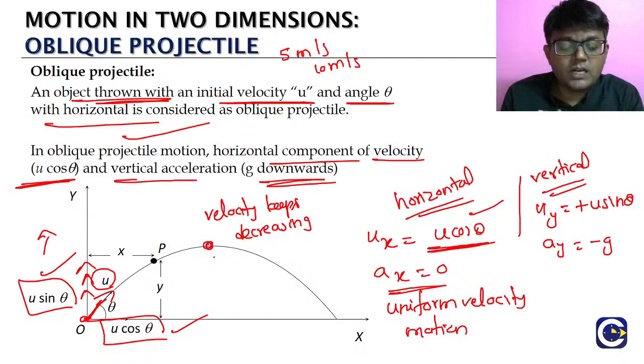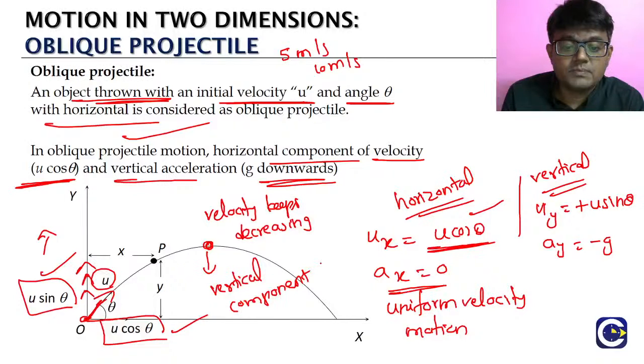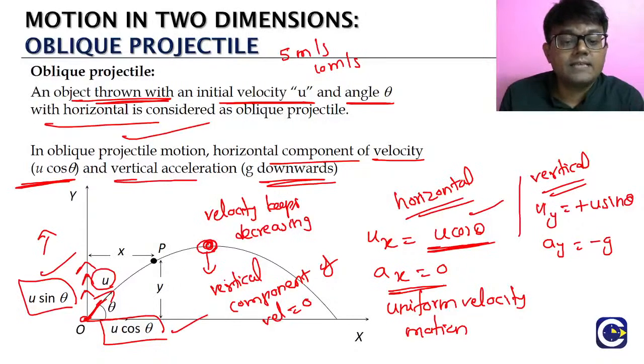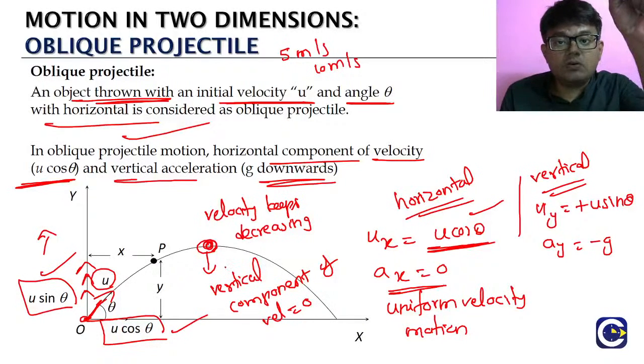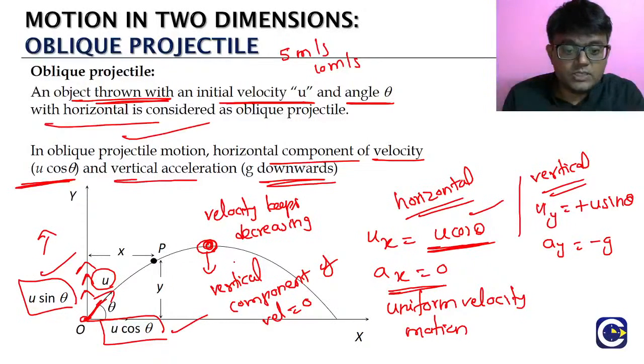It will reach a particular point where the vertical component of velocity becomes 0. This point is what we call the maximum height point, because the projectile will start coming down after that. So this is what we see as the oblique projectile.